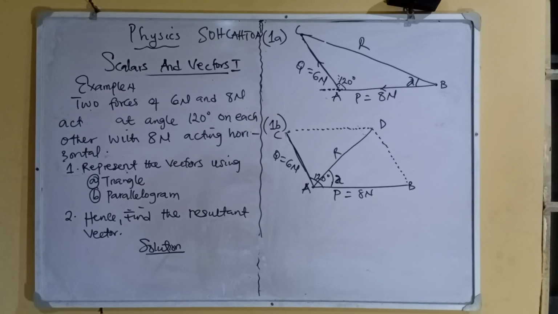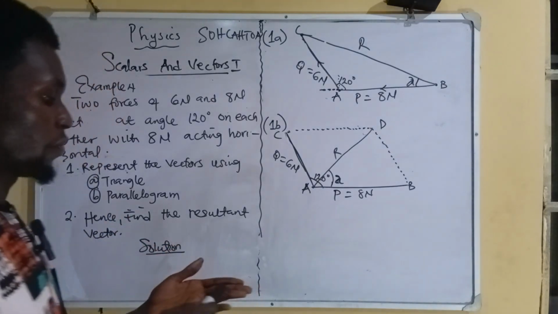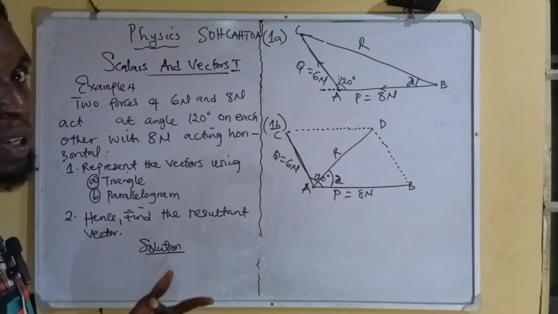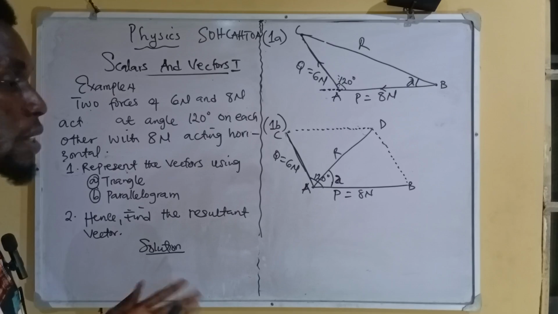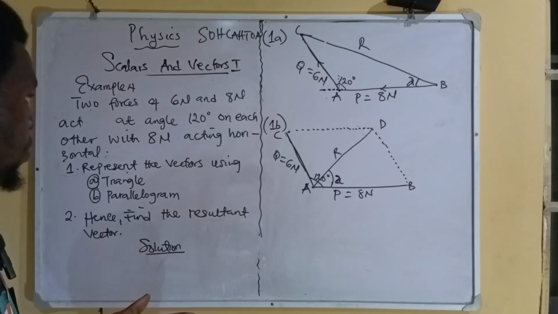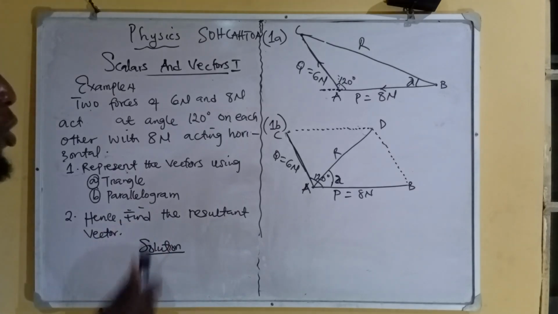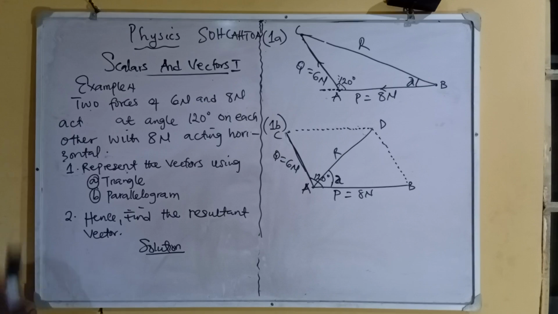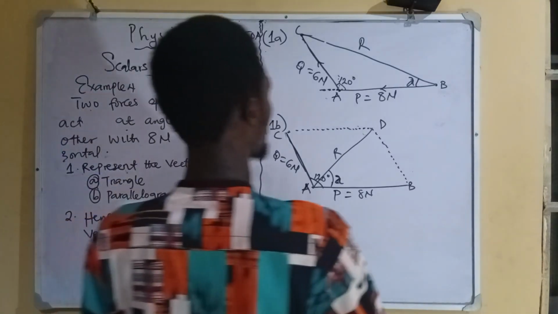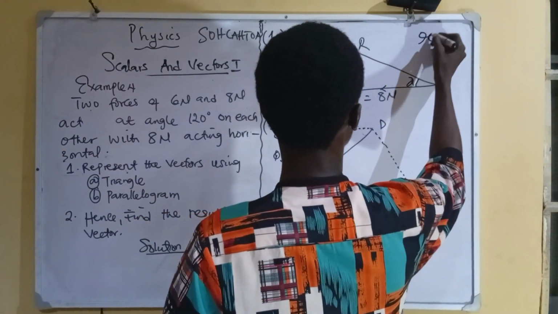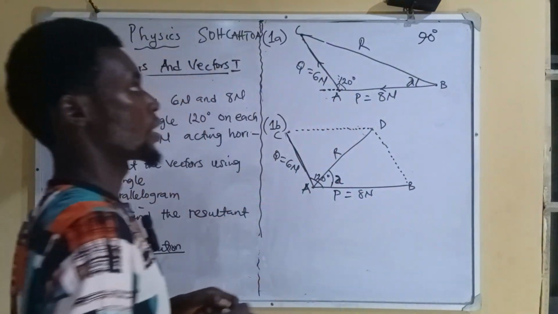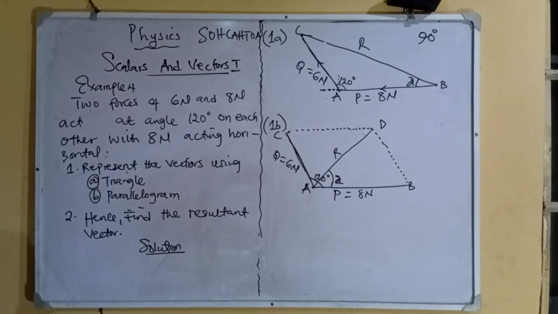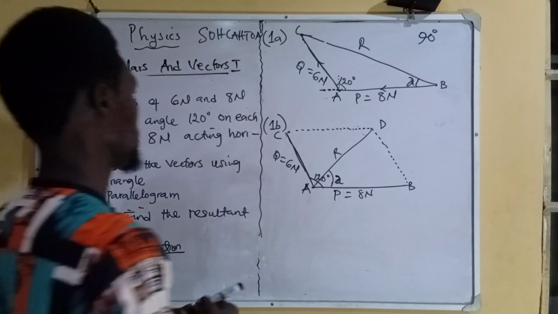I will need to apply the cosine rule. Whenever you are dealing with vectors that are not parallel and not perpendicular, you use the cosine rule. But once the angle between them is 90 degrees, they are perpendicular, so you use the Pythagoras theorem. So let's say I will do this using the cosine rule.